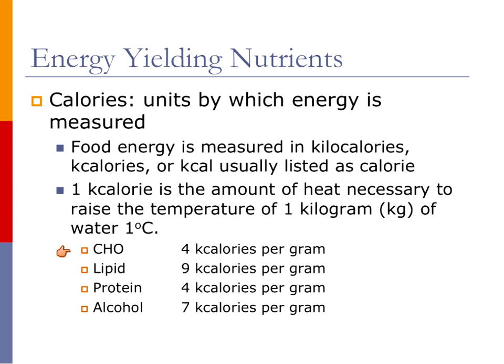Carbohydrate provides 4 calories per gram, lipids 9, and proteins 4. So these are the energy yielding nutrients. They provide energy to our bodies. So when it asks you to list in the labs the energy yielding nutrients, only list carbohydrate, lipids, and proteins.